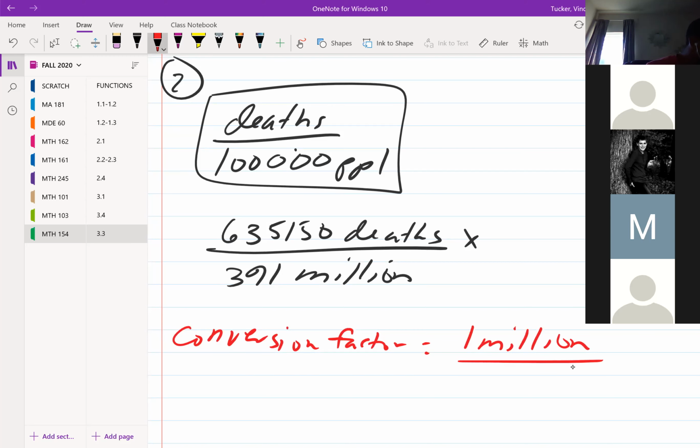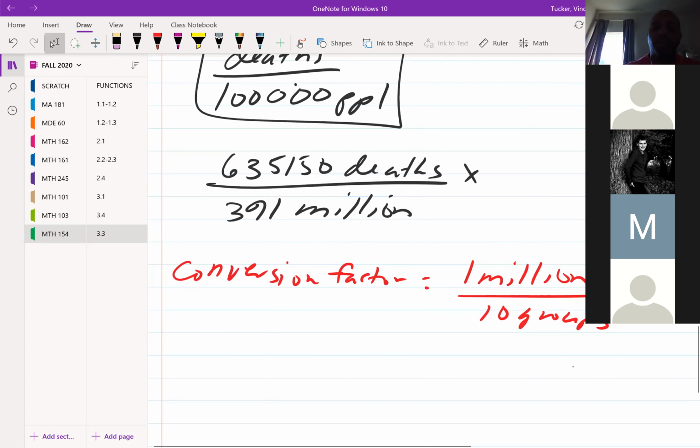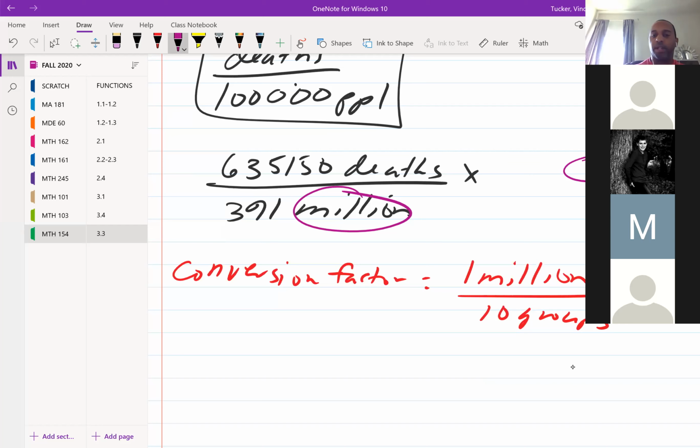Let's see, I don't want to go 10 groups. Yeah, let's go there. All right. So we can write it this way because, remember, whenever we're using the conversion factor, whatever's here, I need to have up here, to be able to connect the fractions and cancel out million.